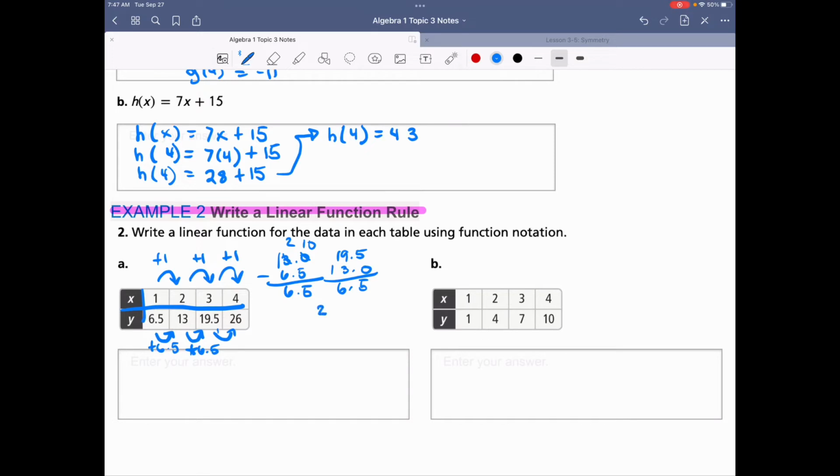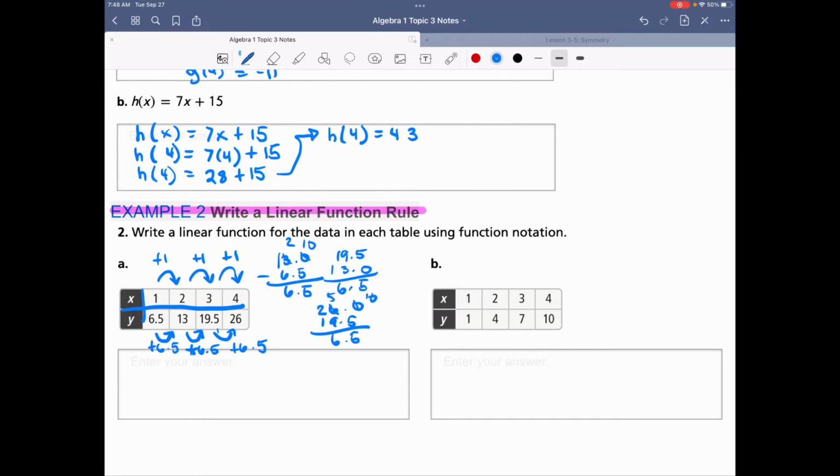And I'm pretty sure that if we take the difference between 26 and 19.5, to make sure, we would also get 6.5. So now we know that the pattern in our x values is that we add by 1s, and in our y values, we add by 6.5.